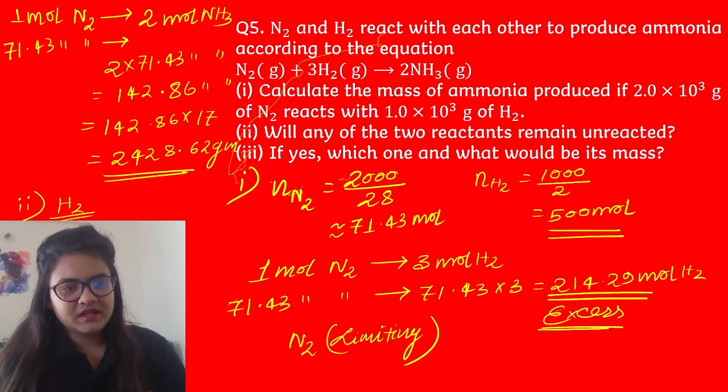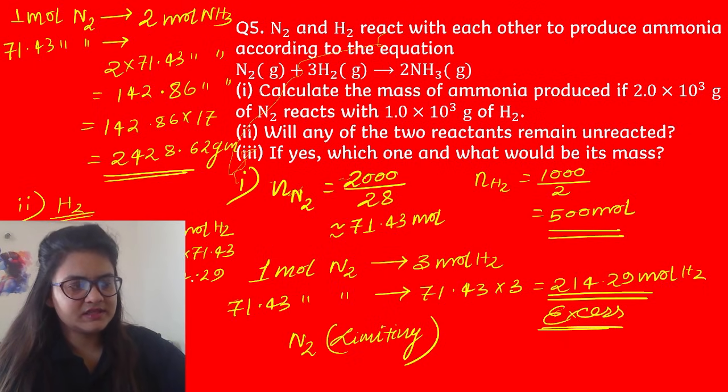Let me proceed with the basic thing. 1 mole of nitrogen will use 3 mole of hydrogen, so 71.43 mole of nitrogen will use 3 into 71.43 mole of hydrogen, that is 214.29. Now if you convert this into mass, you multiply by 2, because the molecular weight of hydrogen is 2.